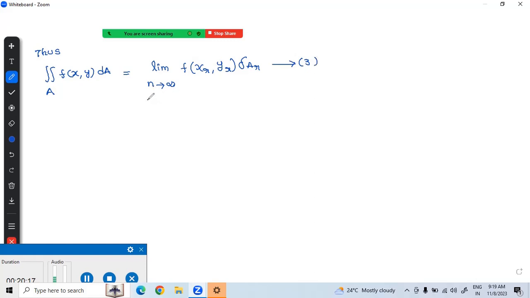N tends to infinity means delta AR tends to 0.